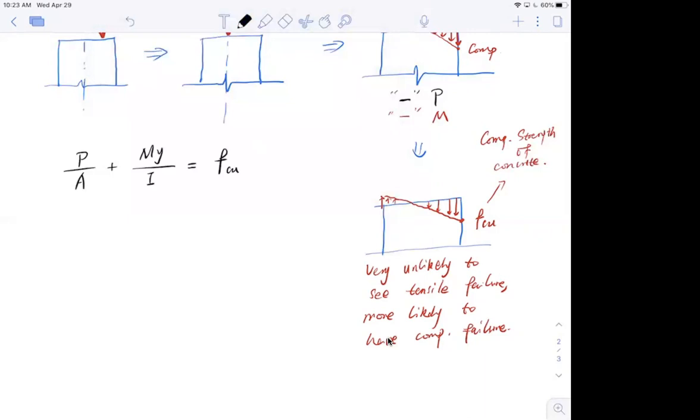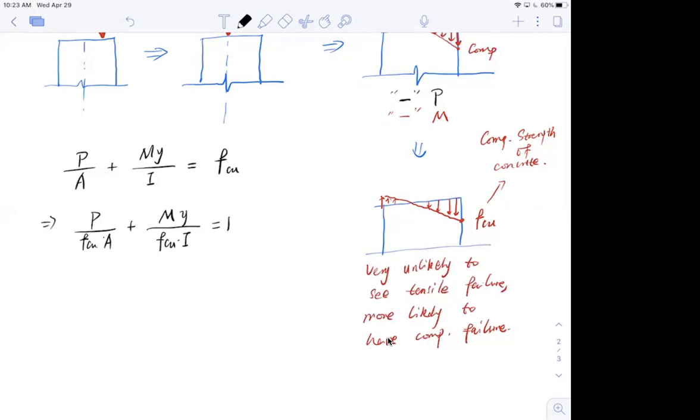Then I want to divide FCU on both sides, so I have P over FCU multiplied by A plus My divided by I FCU equal to 1. Now you have seen this equation before from mechanics of materials.